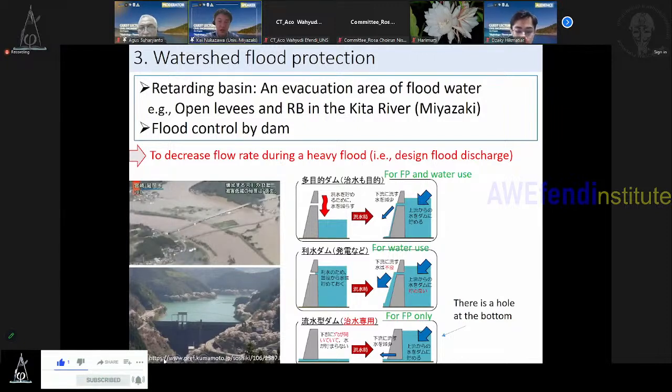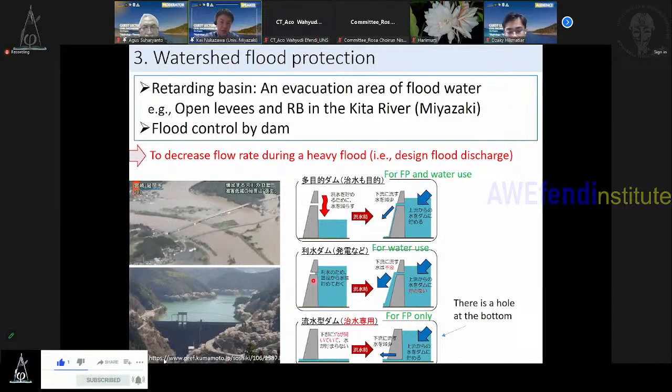But in Japan, actually, due to climate change or global warming, devastating flooding events are increasing. So the Japanese government recently decided to change the role of such water use dams to multi-purpose dams.